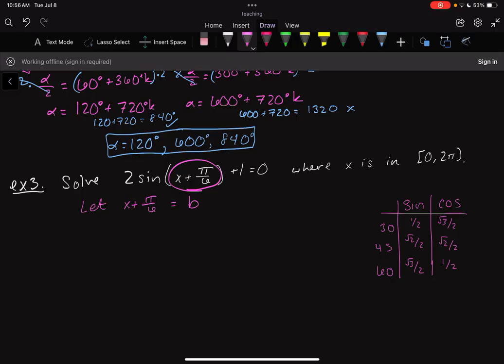Let's do B. It doesn't matter at all what you pick. So now I have 2 sine B plus 1 equals 0. I'm going to solve this. So I move that 1 over, and then I can divide by 2. So I'll get sine B is equal to -1 over 2.